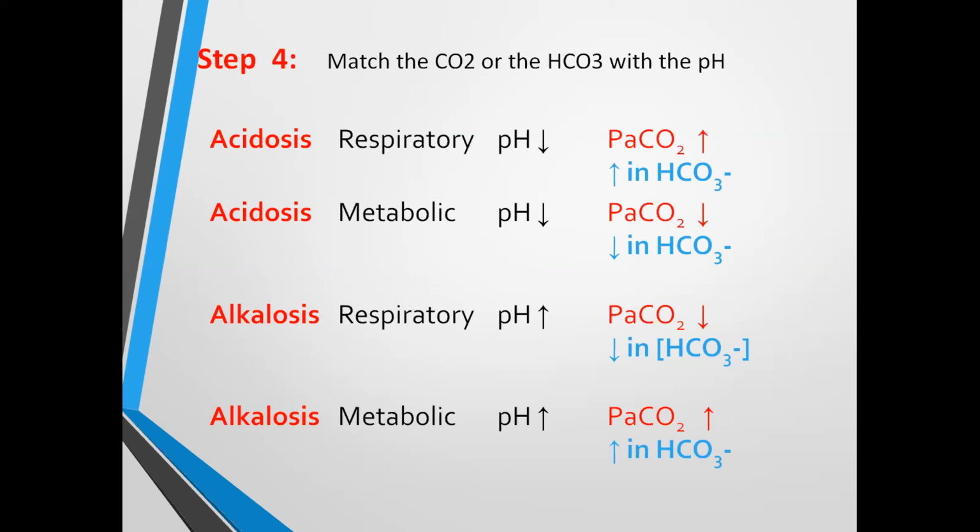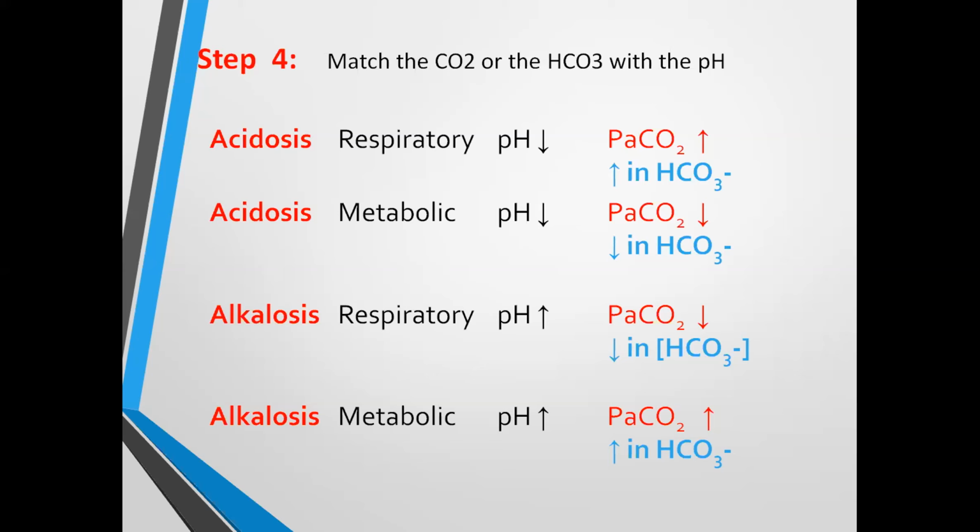Step 4. Match the partial pressure of carbon dioxide and bicarb with pH. Initially we already said that we have two parameters, respiratory and metabolic. In respiratory we have respiratory acidosis and respiratory alkalosis. In metabolic we have metabolic acidosis or metabolic alkalosis.